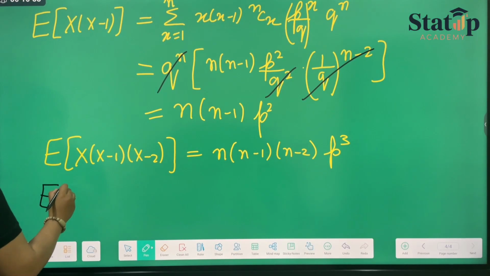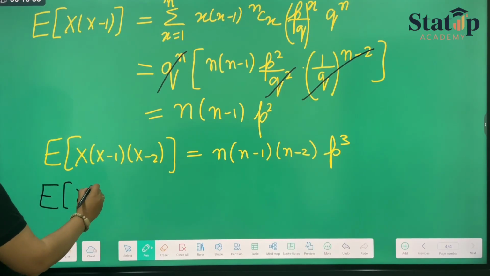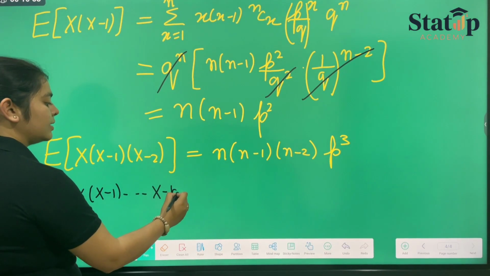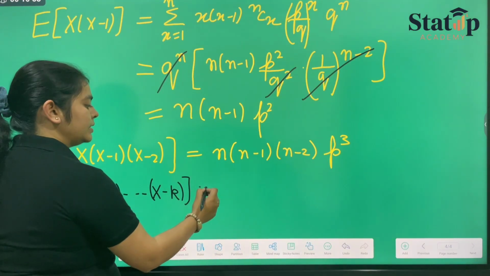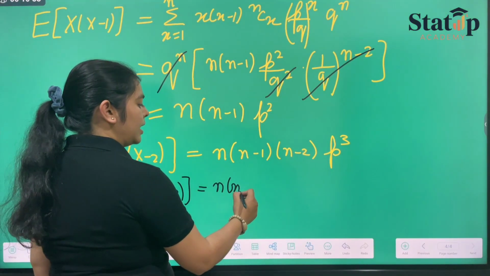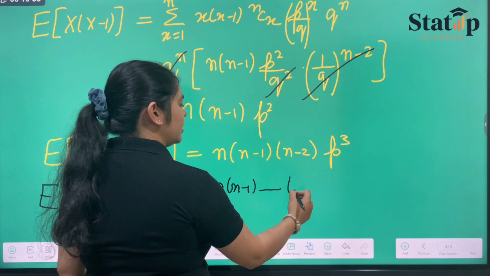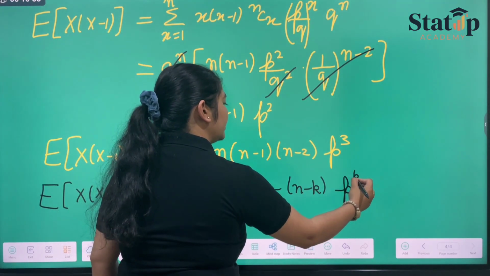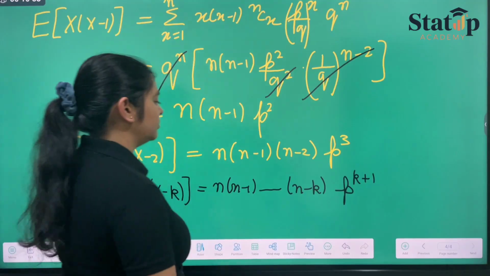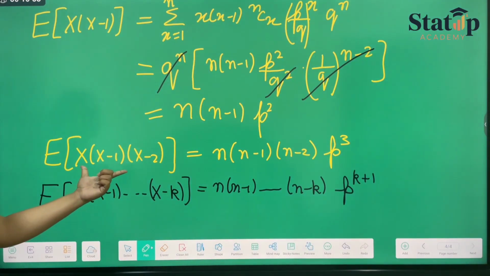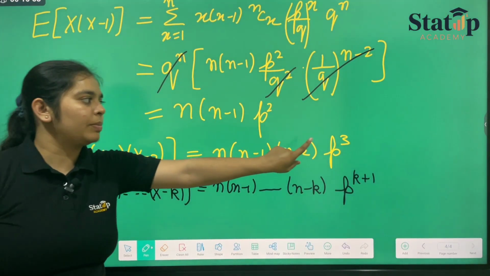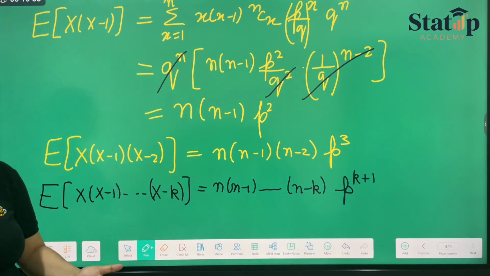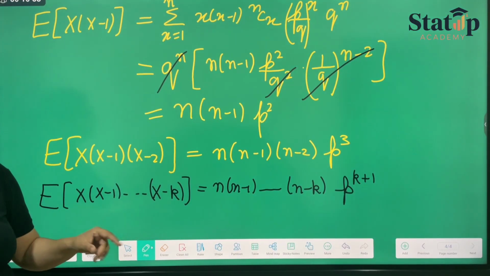The general pattern I can write as expectation of x into x minus 1 up till x minus k plus 1 is equal to n into n minus 1 up till n minus k plus 1, p raised to the power k, and so on. We can find any value for k.